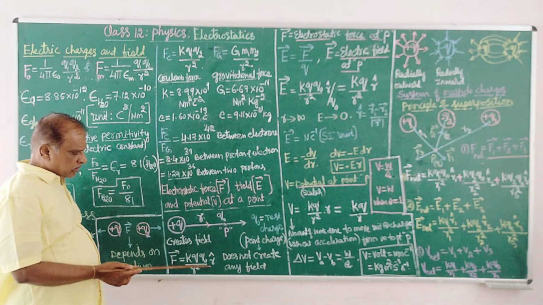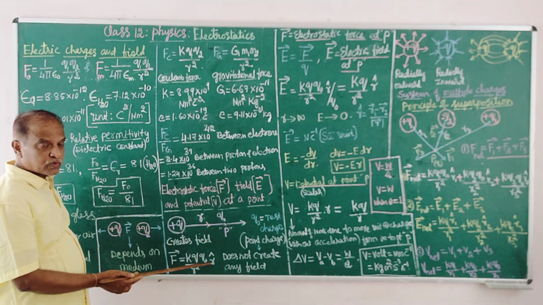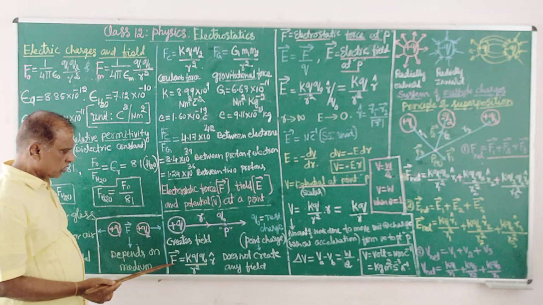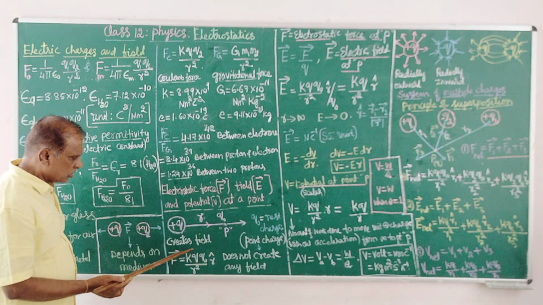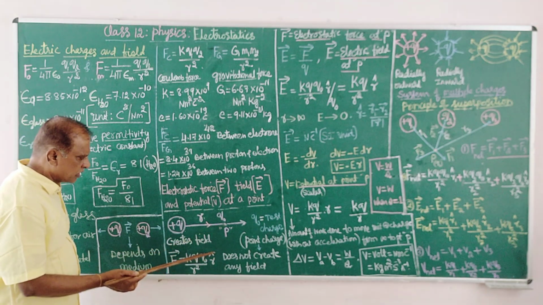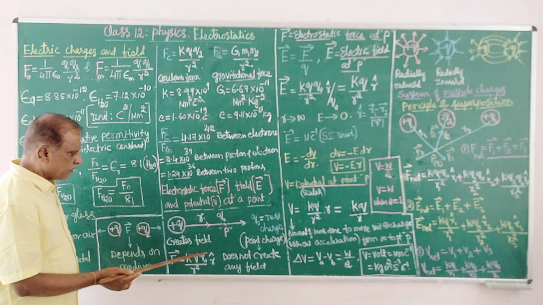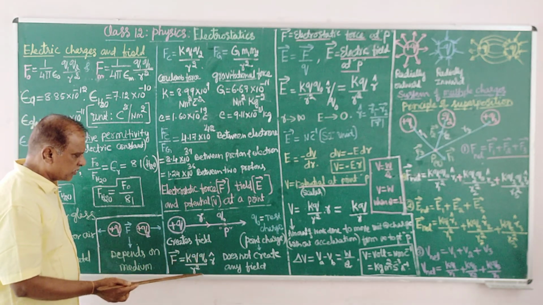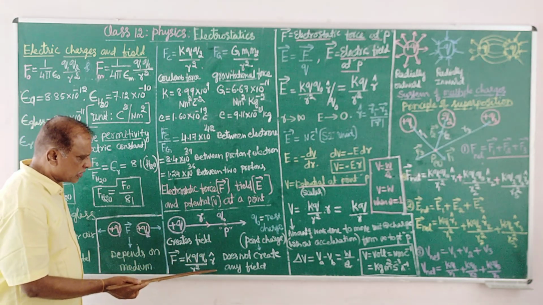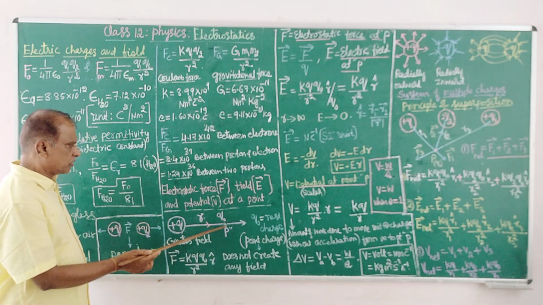That is F at this point, the mathematical definition. This value represents the magnitude, and this symbol represents the direction at this point.